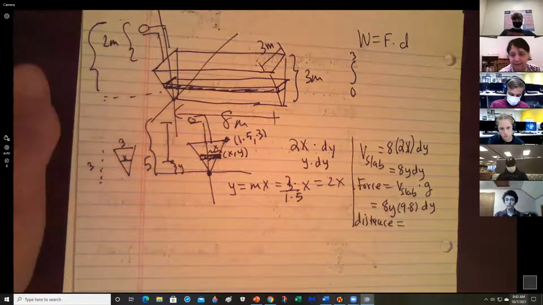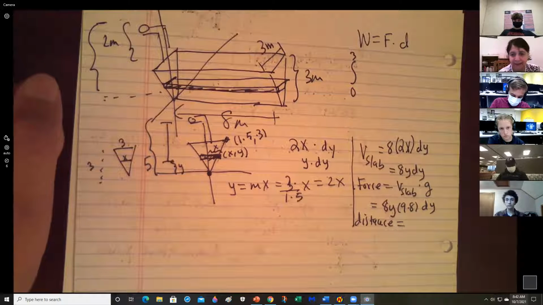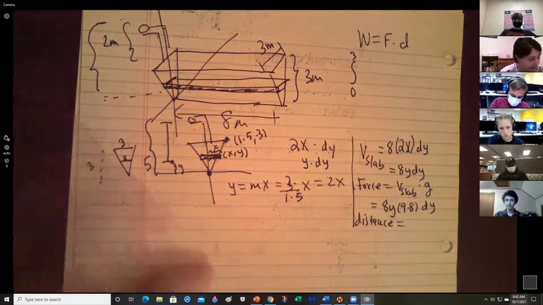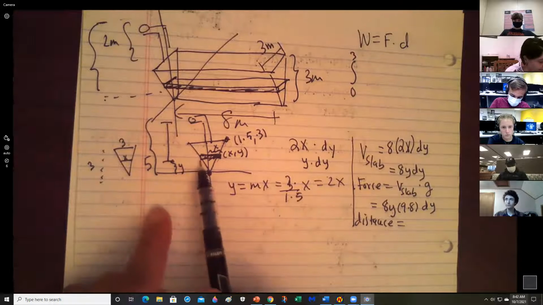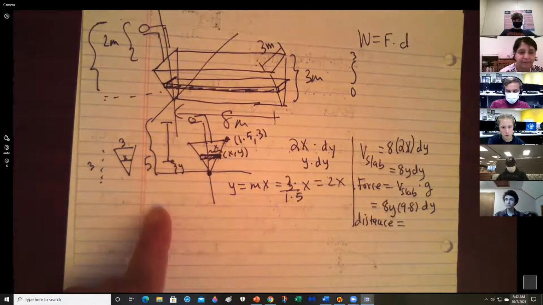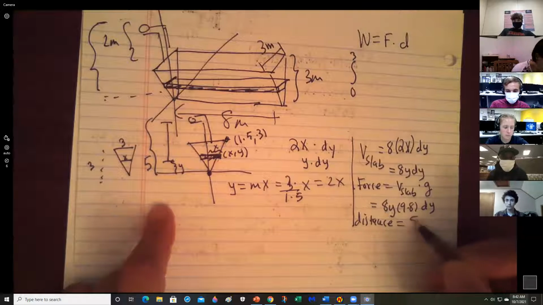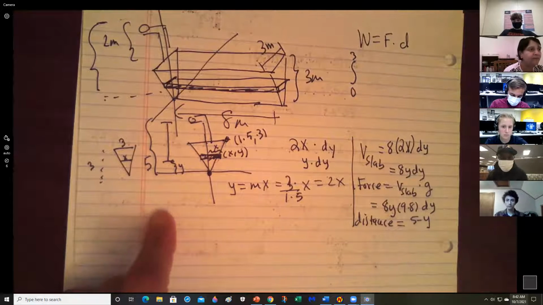How much? Anyone? How much distance is it moving from here to here? No one? Morgan said something, but her mic was muted. 5, okay? 5 minus y is the distance.